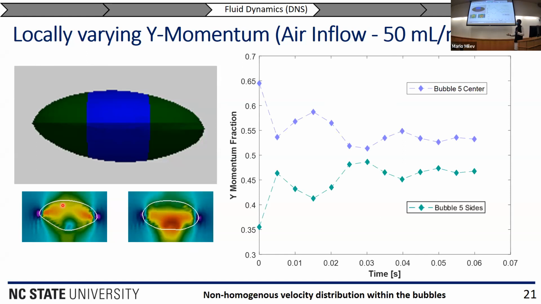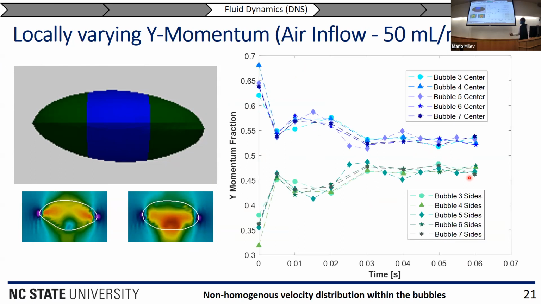And so if we just look at one bubble and look at the momentum fraction, so this is normalized to the main bubble momentum, you see that the center initially starts with a high relative amount of momentum, and it oscillates and levels out at slightly above half the bubble's momentum, whereas the sides start with relatively low bubble momentum and then oscillate towards just below half the total bubble momentum. And this is true for all bubbles, but it's easier to see just one at a time.